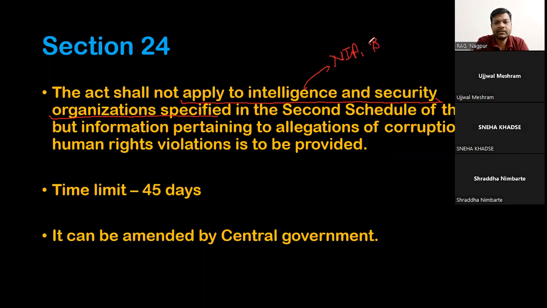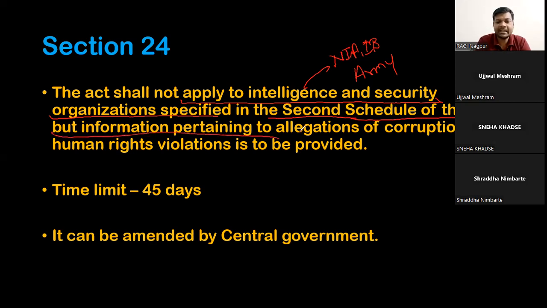NIA, IB, the Indian Army, or the armed forces cannot be asked any question under RTI, and security organizations specified in the Second Schedule of the Act.